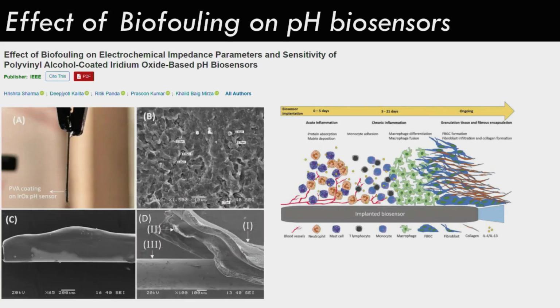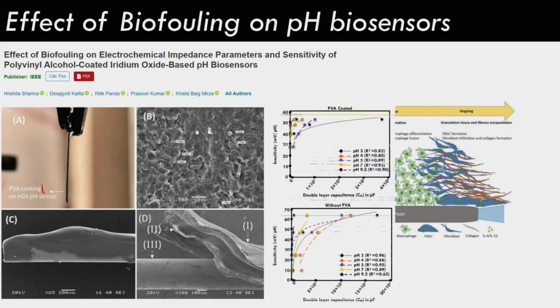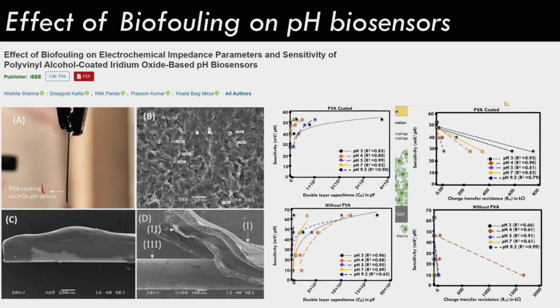This is another attempt. That was the enzymatic glucose sensor. This is a pH sensor. Here we tried to coat it with PVA coating, which is a biofouling resistant coating, and then you probe the impedance and try to find out. We found that whether it is PVA coated or not, there is some link between the sensitivity and the double layer capacitance.